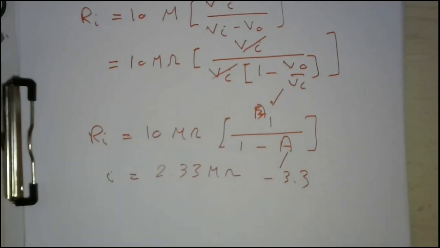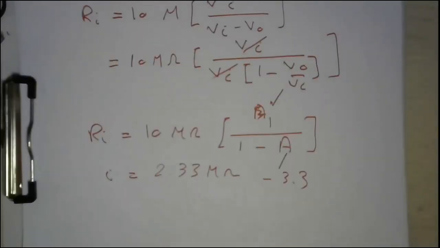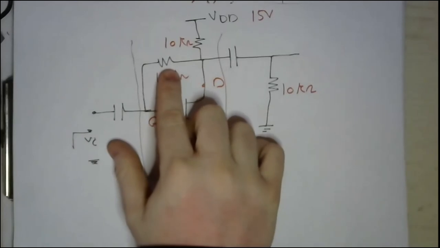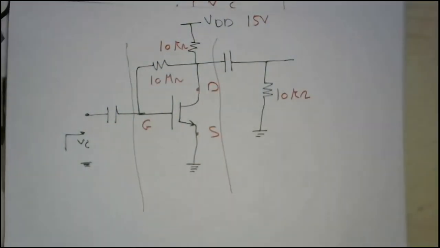Maybe you can resolve the problem again two times. The first time is with considering this 10 mega ohm as an open circuit, so the gate and the drain are not connected together.